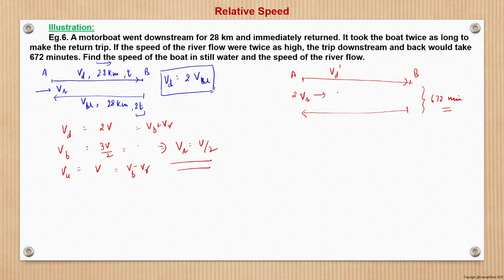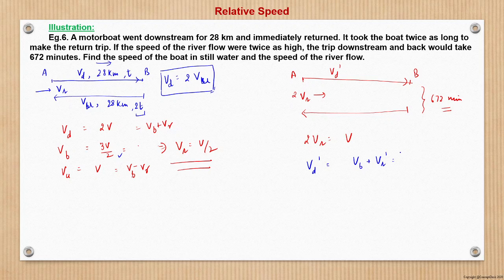So now it becomes 2Vr. So 2Vr in the second case becomes V. So the velocity of the river becomes V. So what is the new effective velocity downstream? That will be Vb plus Vr dash, and Vb remains the same.